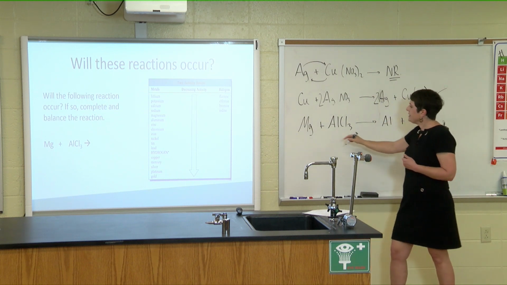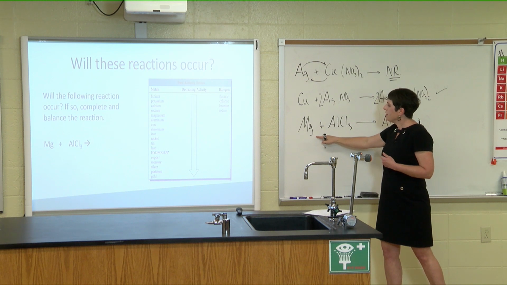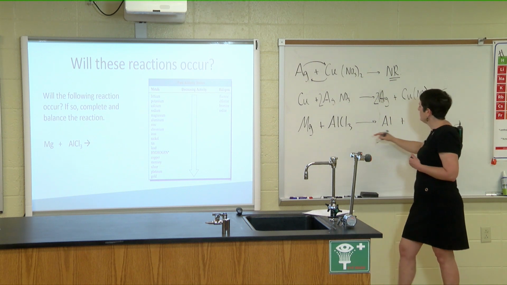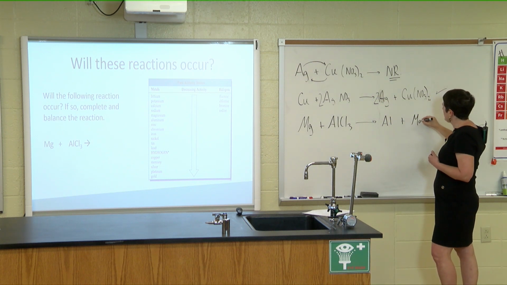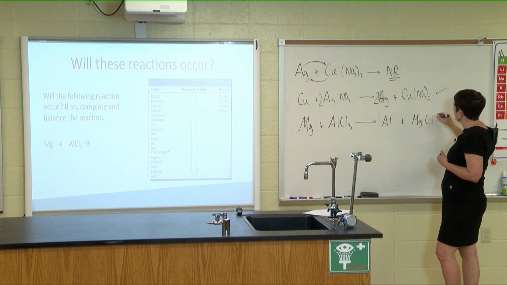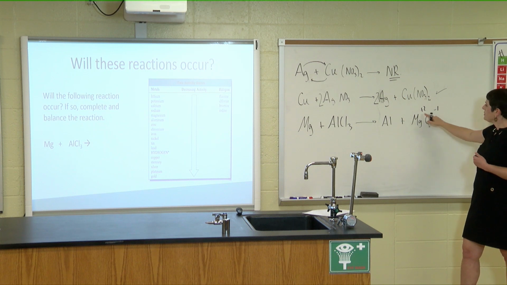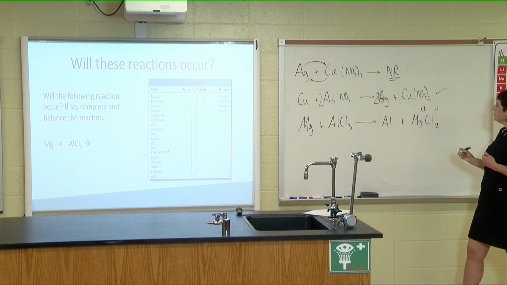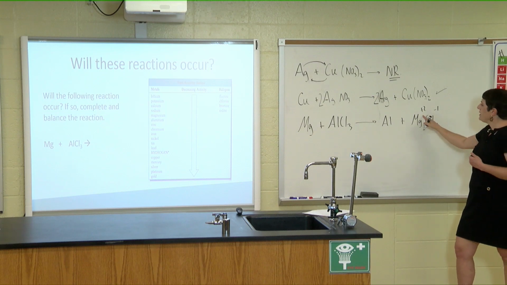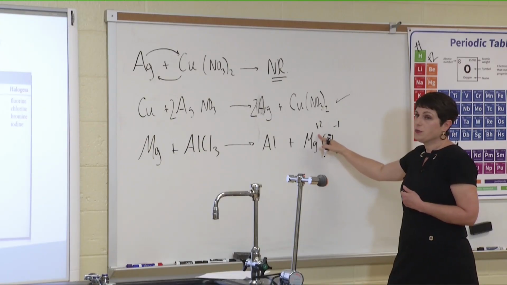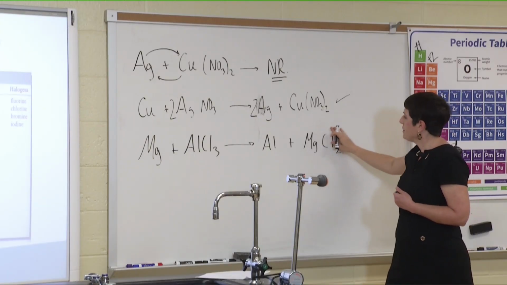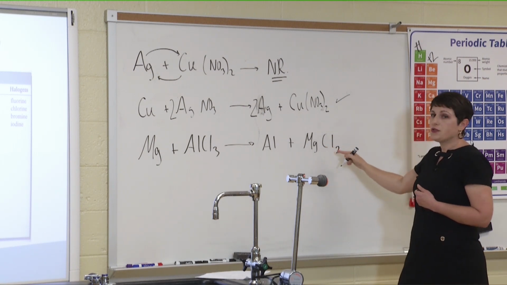Now magnesium has a charge of +2 when it's an ion. So magnesium with a +2 charge and chlorine with a -1 charge. It's going to take 2 chlorides with a charge of -1 to balance the 1 magnesium with a charge of +2. We get rid of those charges because once they're together, they're neutral.